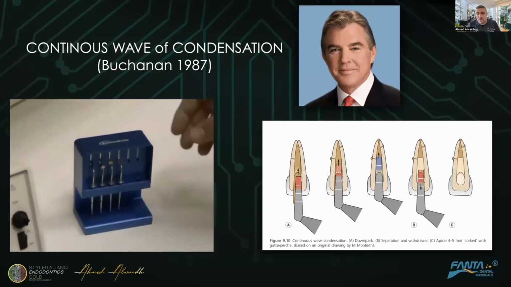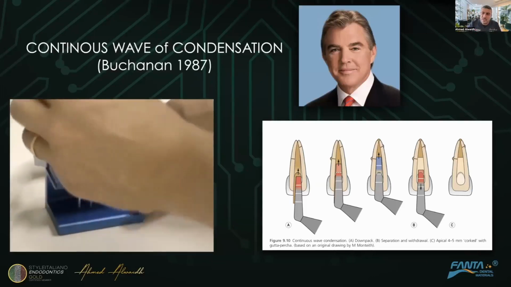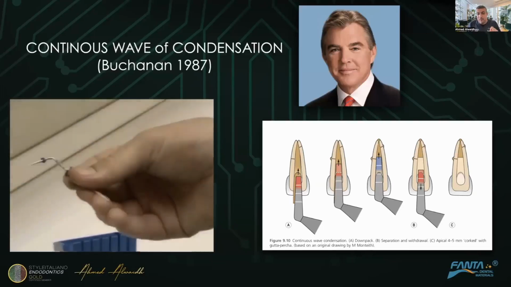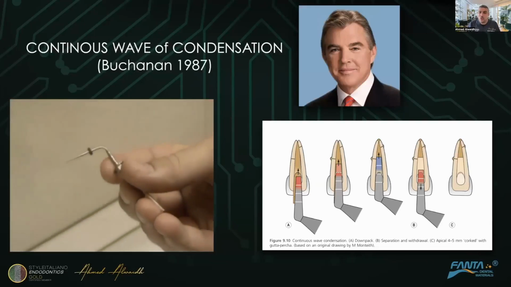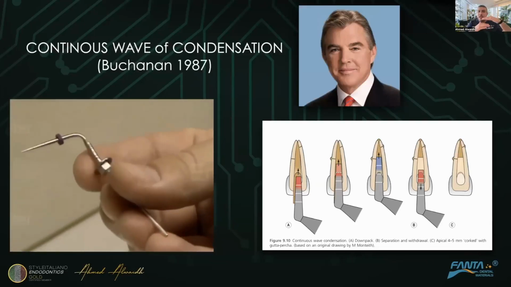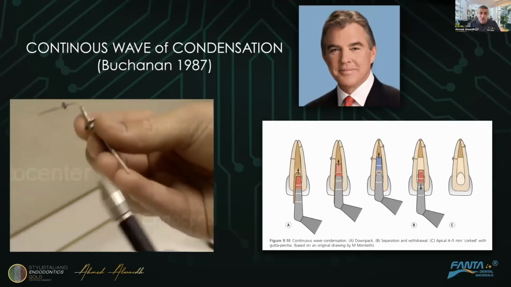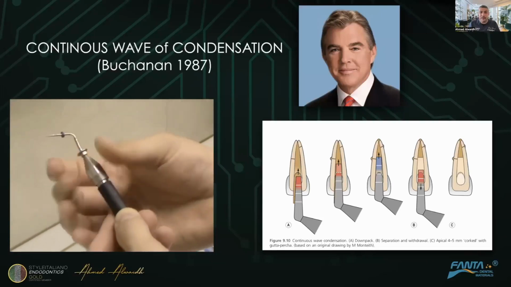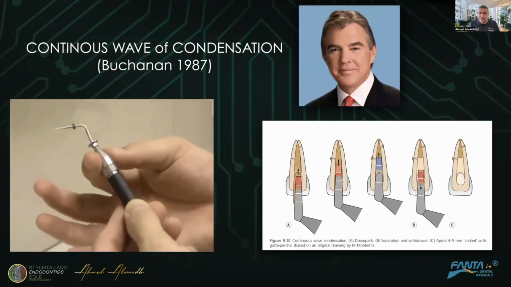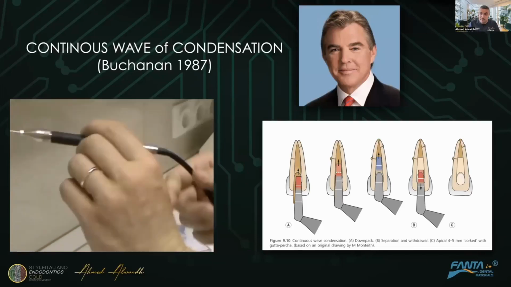There was no need for waves of heat, like heating the plugger and putting it inside, or a spreader. No, now we have an electric heat source that can provide continuous heat while we are compacting our gutta-percha in one shot to the apical third. So that was in 1987. And so far, what we are using is based on Buchanan's technique or System B.